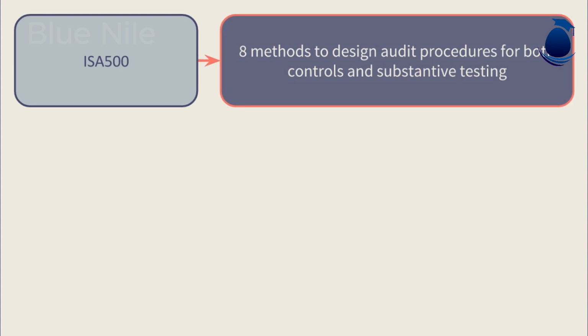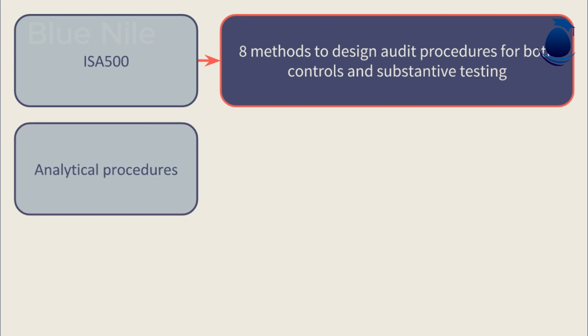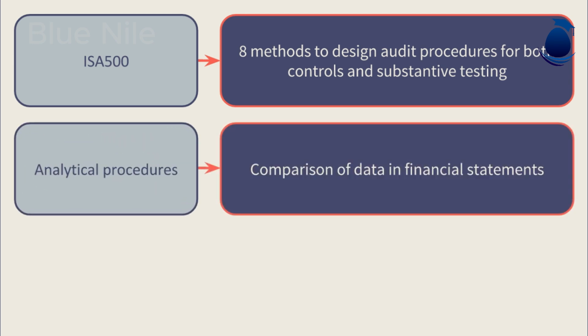When designing audit procedures, there are methods available that should be used by the auditor. ISA 500 gives 8 methods that can be used to design audit procedures for both controls and substantive testing. Analytical procedures: this is the comparing of data in the financial statements to gather evidence on whether there are possible misstatements.